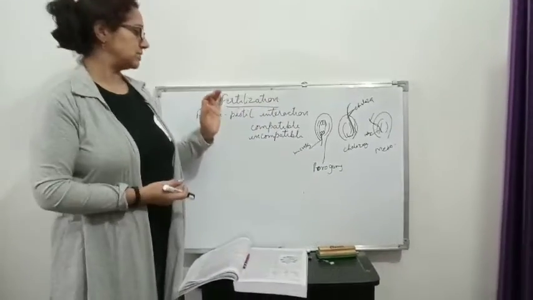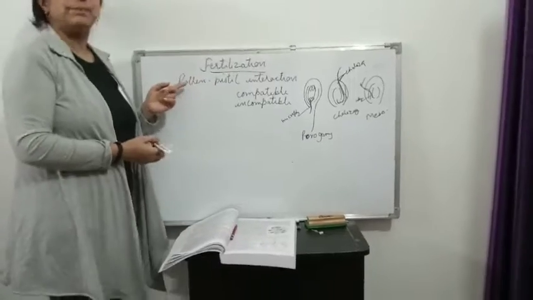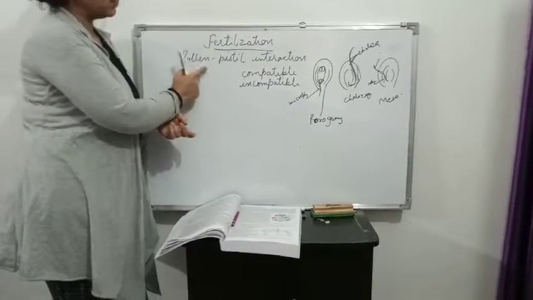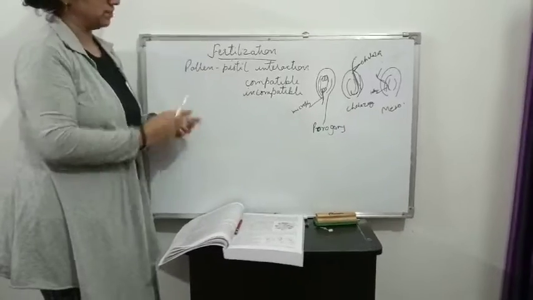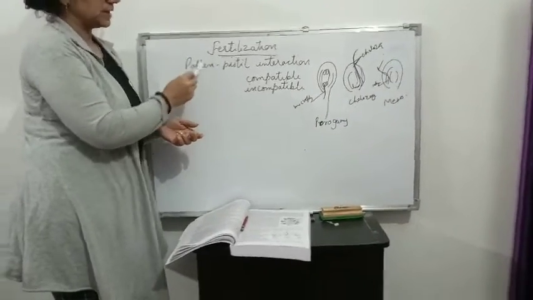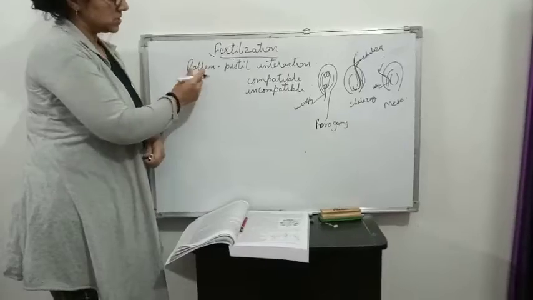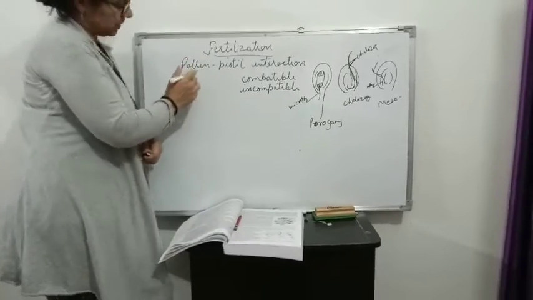So this is fertilization. The important thing in plant fertilization is pollen pistil interaction. Pollen grain, as you know, is the male part, and pistil is the female part. So what happens when the pollen falls on a pistil?